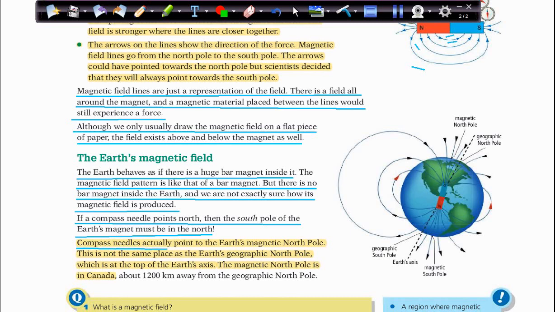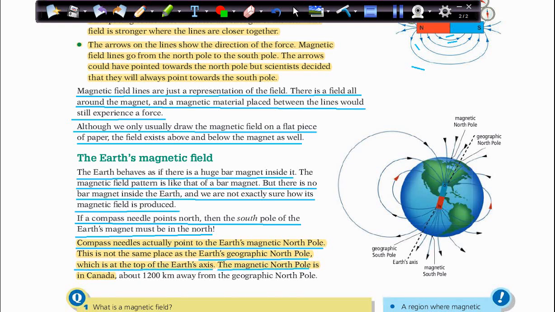Compass needles actually point to the Earth's magnetic North Pole, not the Earth's geographic North Pole, not the Antarctica, which is at the top of the Earth's axis.